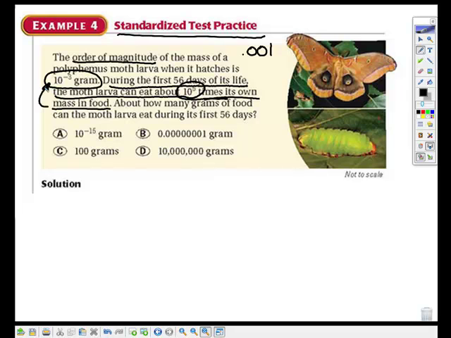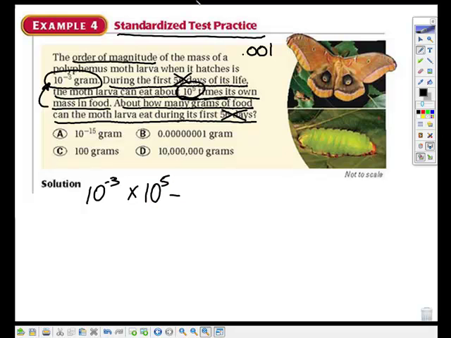About how many grams of food can the moth larva eat during its first 56 days? Well, this was about 56 days. We don't have to do any math with the 56. We just have to take the mass of the larva, written in order of magnitude, and multiply it by the fact that it eats 10 to the fifth times as much.